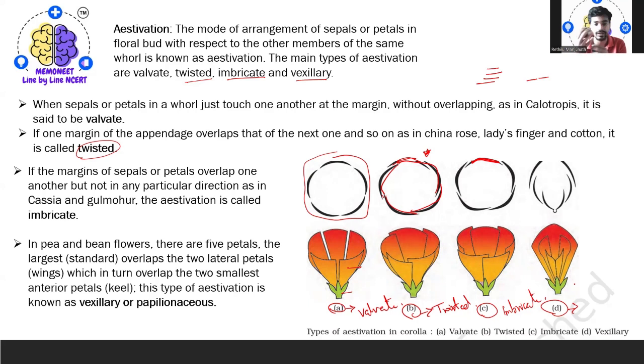The largest petal overlaps the two lateral petals, that is the wings, which in turn overlap the smallest ones. This kind of aestivation is known as vexillary aestivation. So this is all about aestivation.